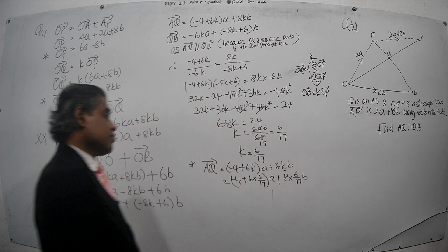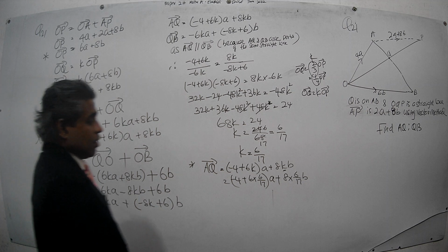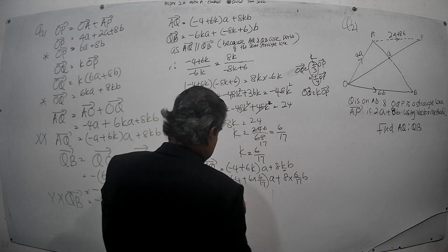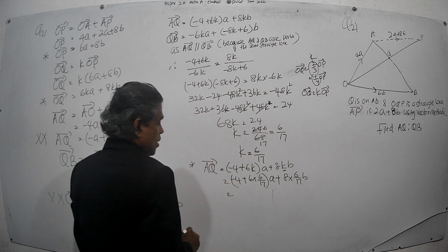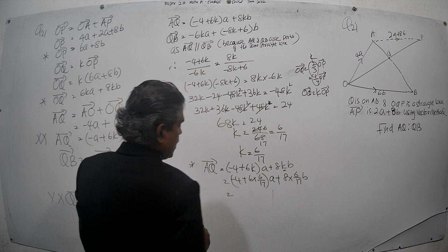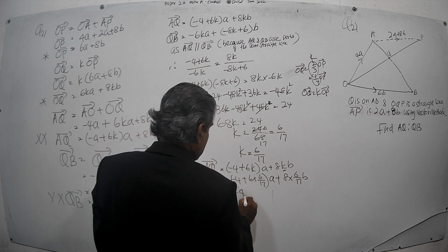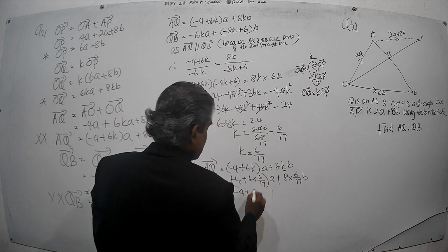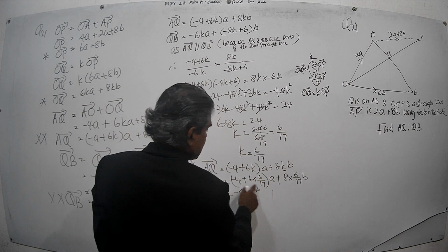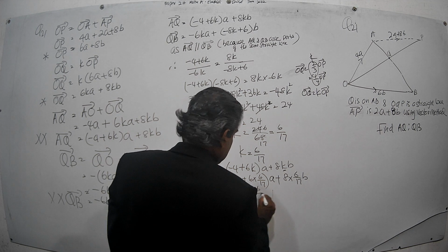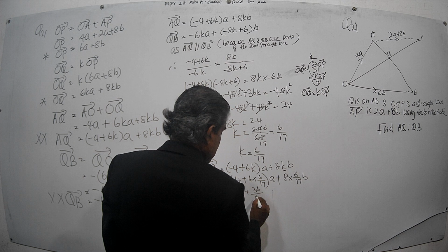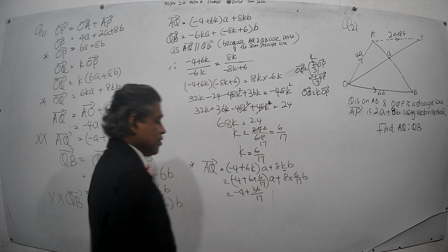Okay. Right. Now here we simplify. Here it is minus 4 plus 6 times 6, 36, over 17. We can't cancel 6 and 17, therefore you multiply the numerators: 6 times 6 is 36 over 17. Okay.